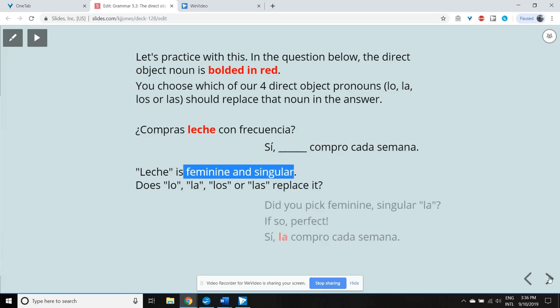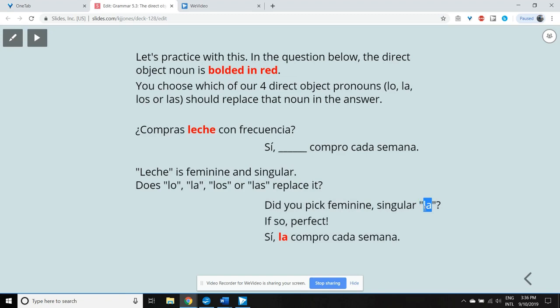And of course, it's feminine singular la, right? Perfect. And so what belongs in this wonderful exclusive space right before the conjugated verb? The direct object pronoun la.